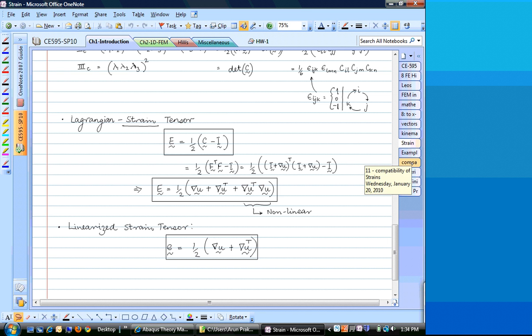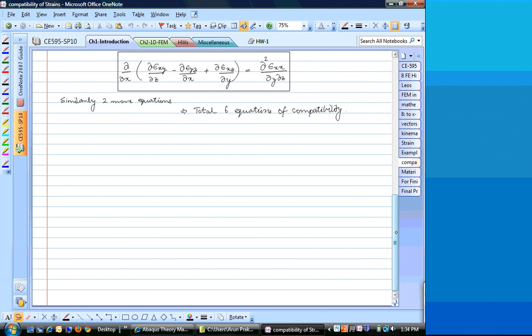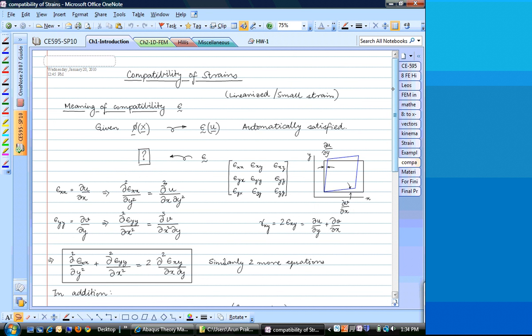And then we talked a little bit about the compatibility equations, and we said that if you start out from the map, then compatibility is automatically satisfied. You don't have to worry about these conditions. On the other hand, if strain is a part of your solution, then you have to make sure that it satisfies some conditions of compatibility so that it corresponds to a real displacement.